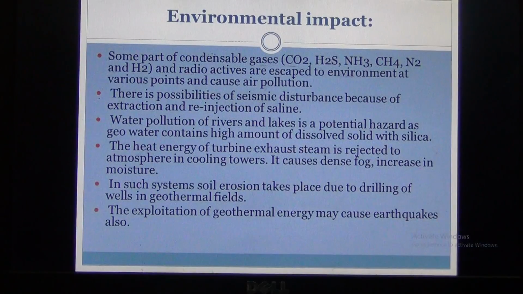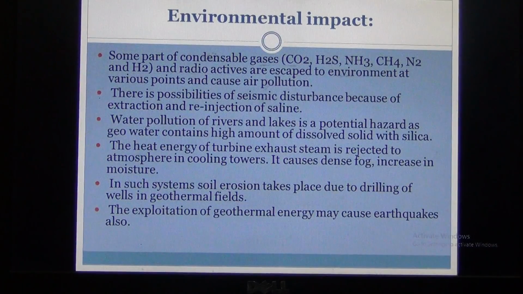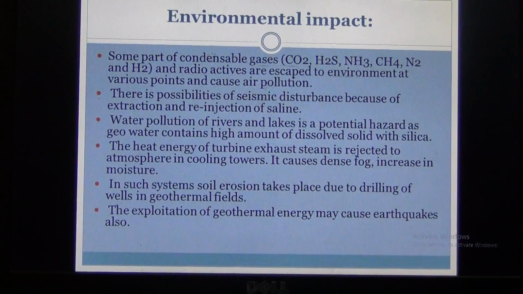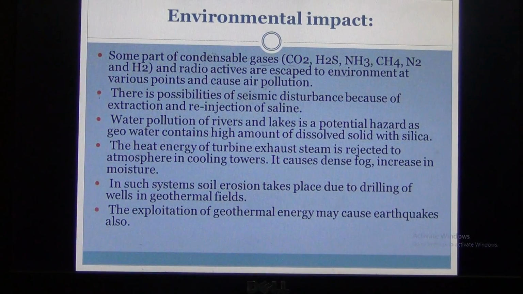Water pollution of rivers and lakes is a potential hazard as geo water contains a high amount of dissolved solids with silica. The heat energy of turbine exhaust steam is rejected to the atmosphere in cooling towers. It causes dense fog, increasing moisture and other environmental hazards.